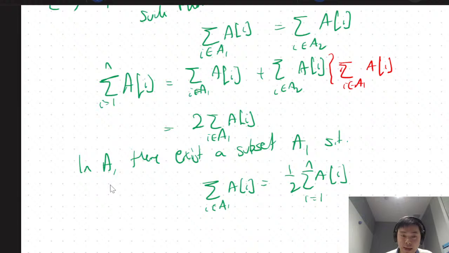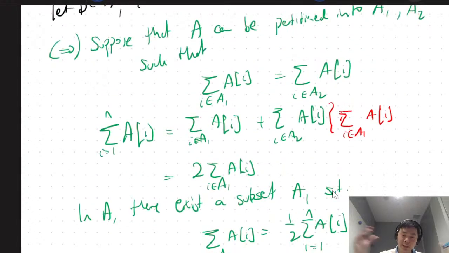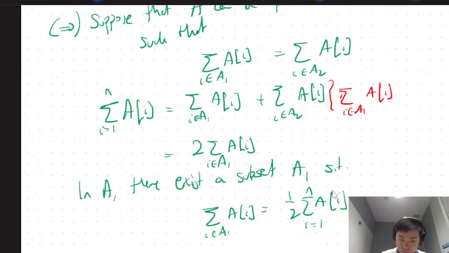So what we know is that in fact in A we can find a subset A1 such that all of the elements in A1 actually sum to half times the total sum, right? So does the forward direction make sense? If I know that there's a partition, then in fact there's a subset that sums to exactly half of the total sum. And so that means if I have a yes for partition, then I have a yes for subset sum. And now our goal is to prove the other direction as well.